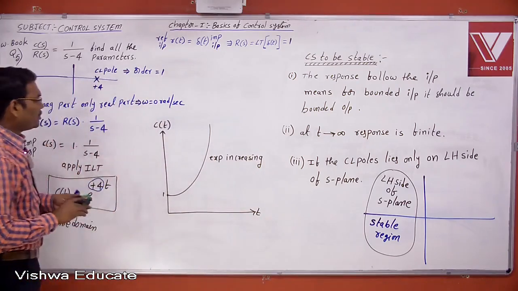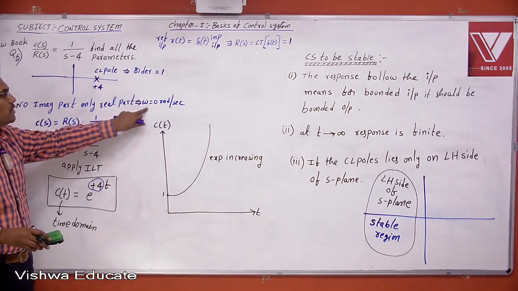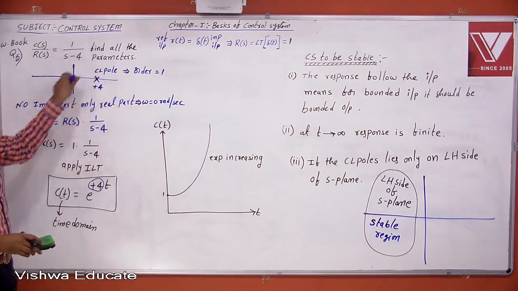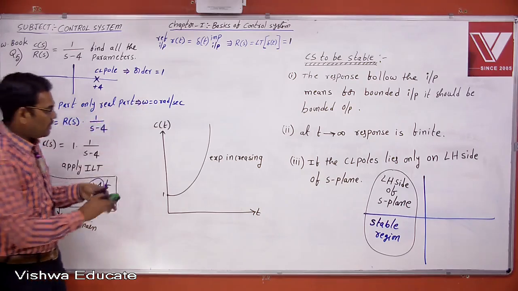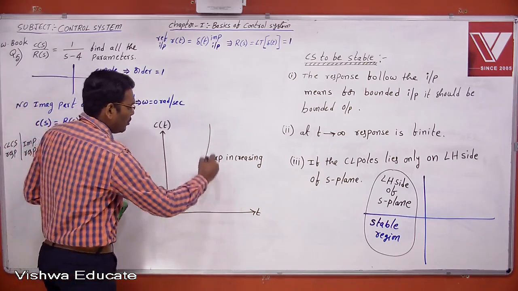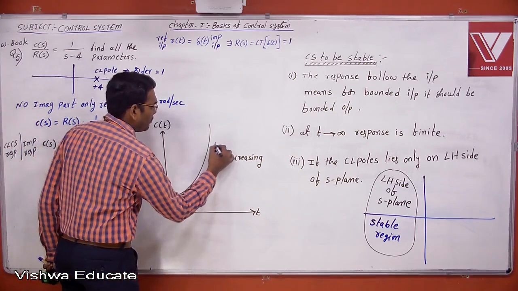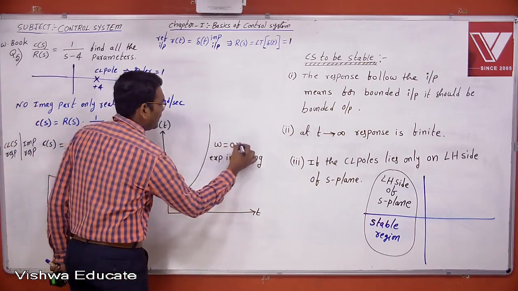One more thing: what is the frequency of oscillation? From the pole location, the frequency of oscillation is 0 radians per second. But are there any oscillations in the response? No oscillations. Therefore, from the response the frequency of oscillation is also 0 radians per second.